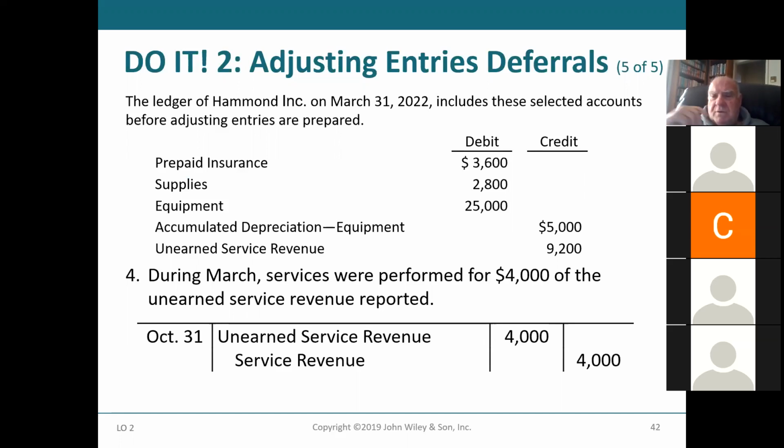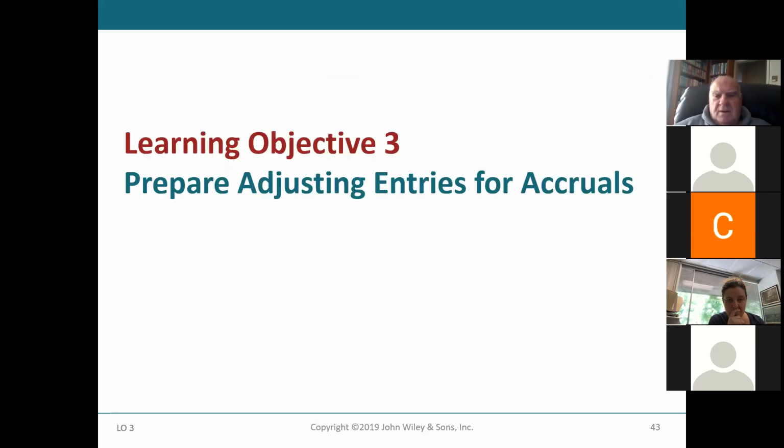Every transaction that we've done so far up to this chapter has been with outside parties, right? We bought something, we sold something, we collected money, we paid money. Here, we're working strictly with internal people. These entries are not seen by the outside world. They don't involve anybody except us. We have to adjust our financial statements.